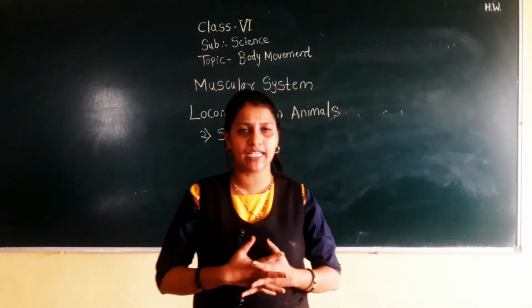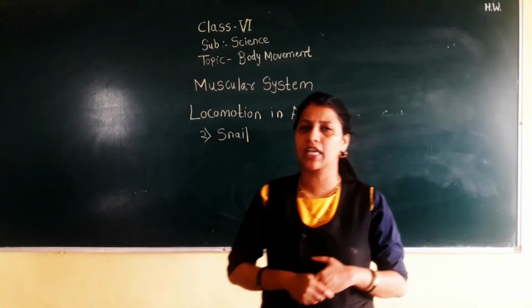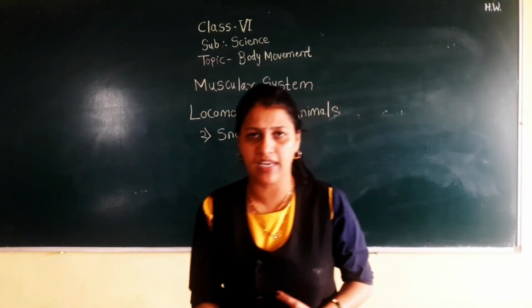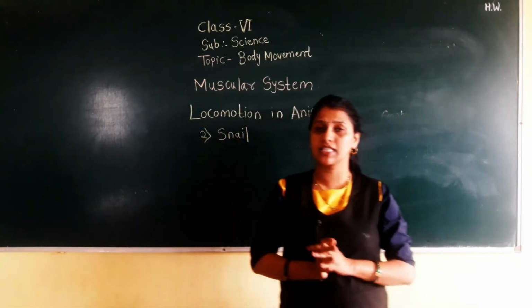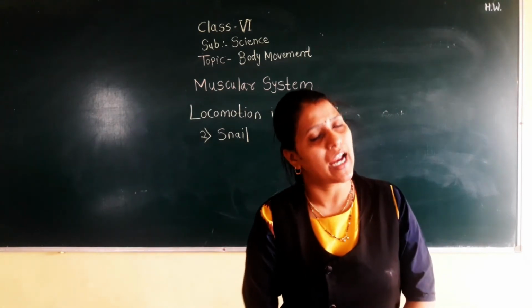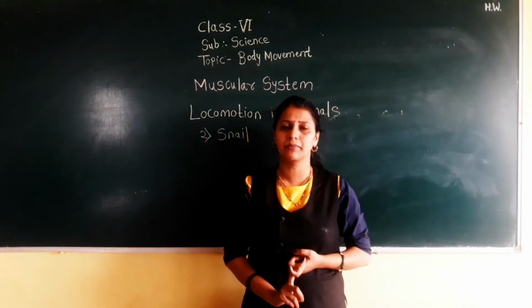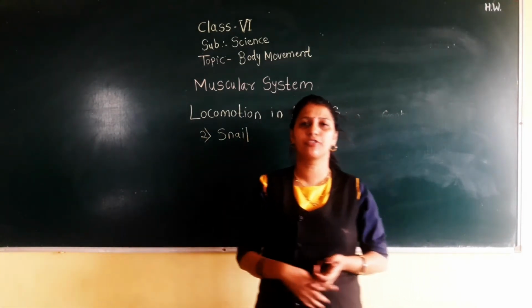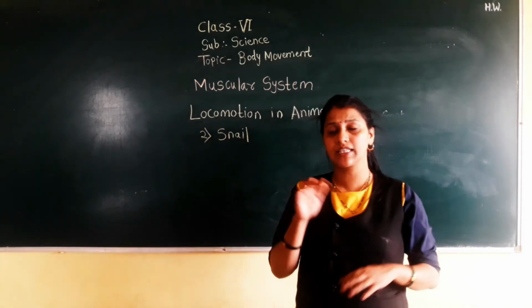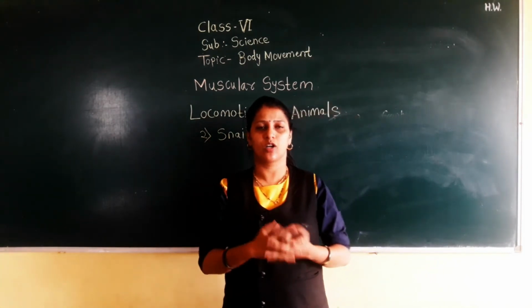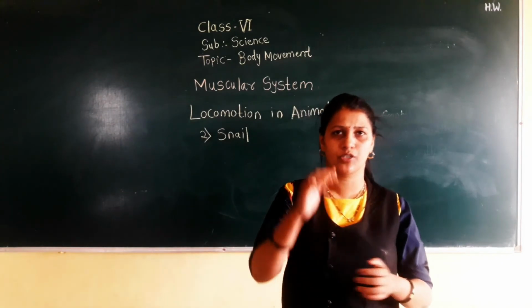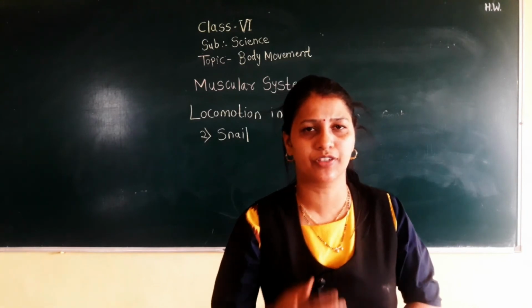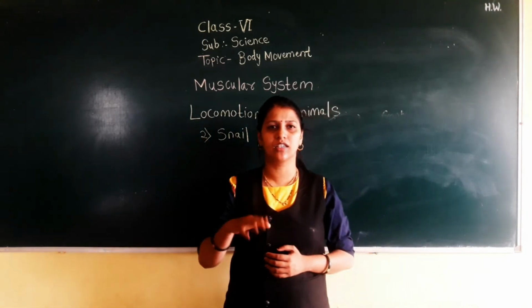Now, if we look at a snail, the outer covering, which is very hard, is nothing but a skeleton. Animals which have a skeleton inside the body are called endoskeleton animals, for example human beings and fish. Students who eat non-veg, when you eat fish, you can find the skeleton inside the body.